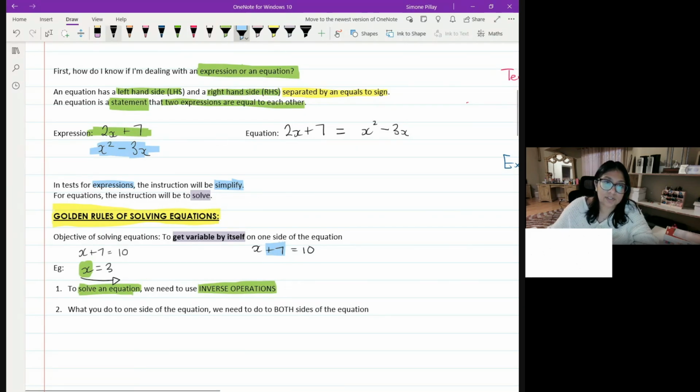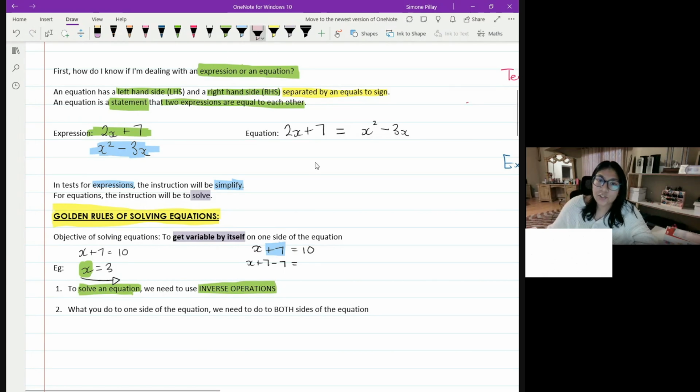I don't want it to be on the side with x. I want to remove it. And the way that I remove it is by using inverse operations. To cancel out a positive 7, I'm going to subtract 7. So that's how you get your variable alone. You use inverse operations to cancel out anything that's on the same side as your variable.